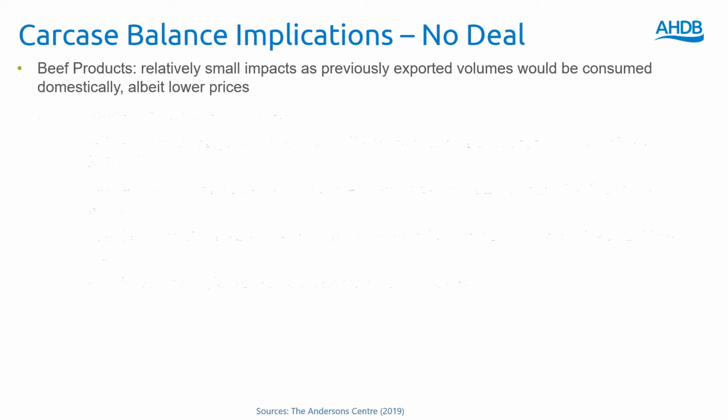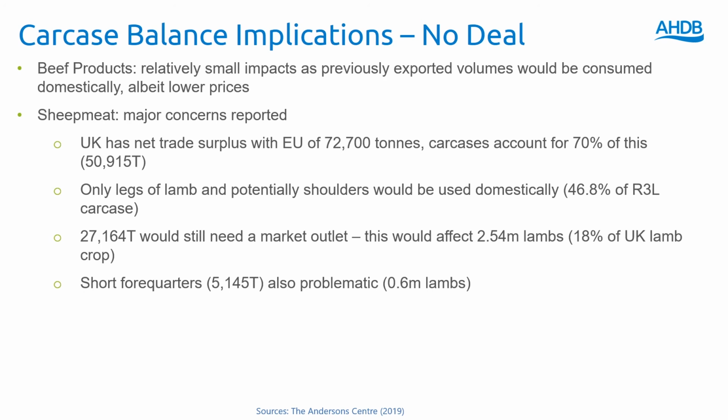But the big issue in relation to carcass balance implications, of course, is with sheep meat. As I've mentioned, approximately 1/3 of the UK lamb crop each year is exported into the EU market.